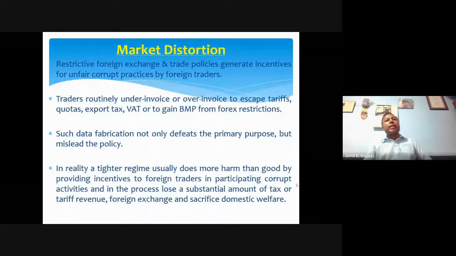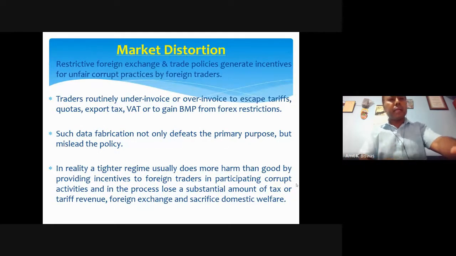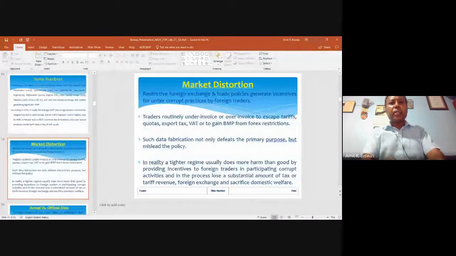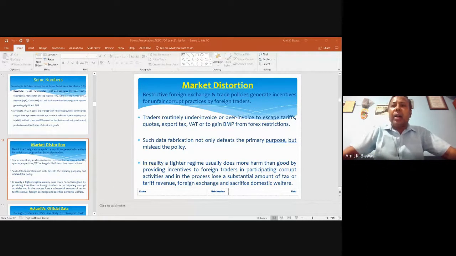So, market distortions. What is the definition of distortions? Distortions are when the first welfare theorem, the Pareto efficiency theorem, is violated. They are known as distortions.